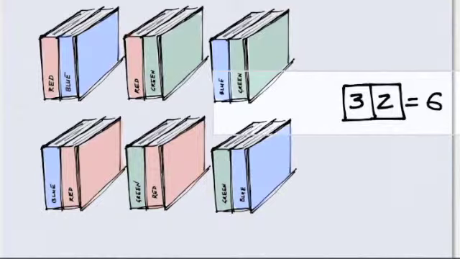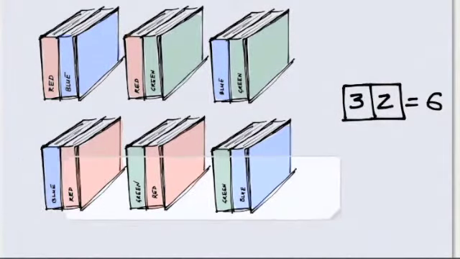And this is an example of a permutation because the order in which we pick the books influences the number of possible ways of organizing the bookshelf.